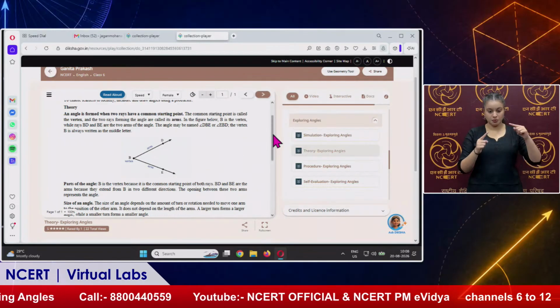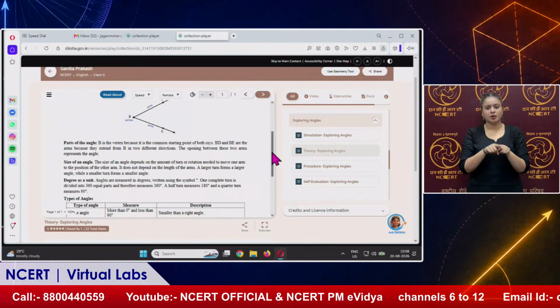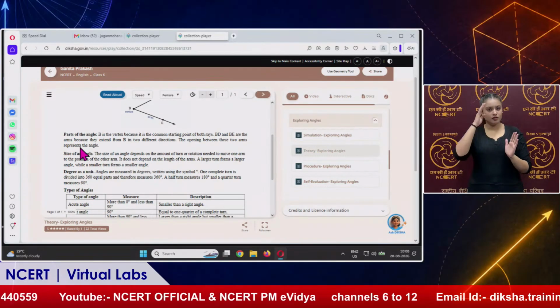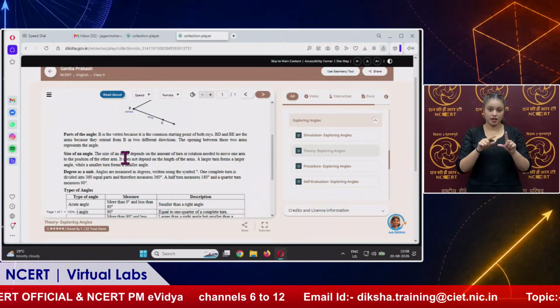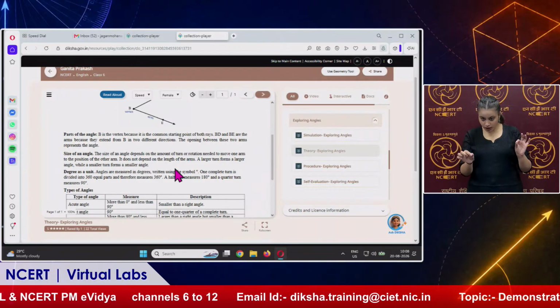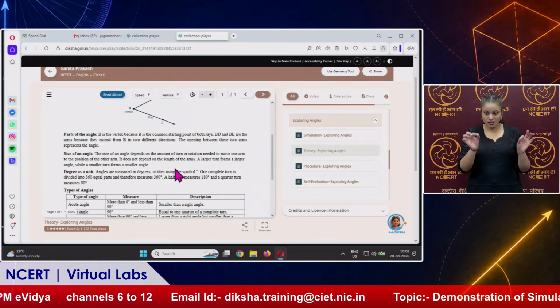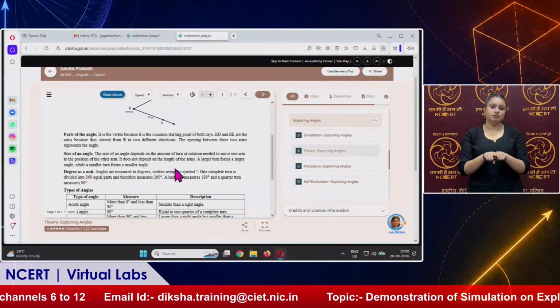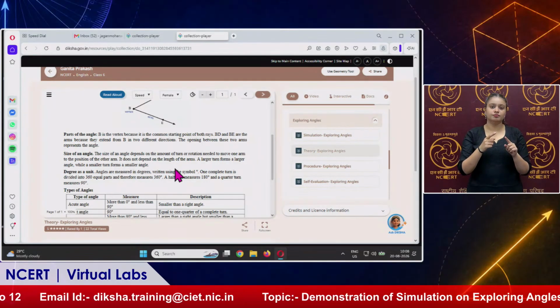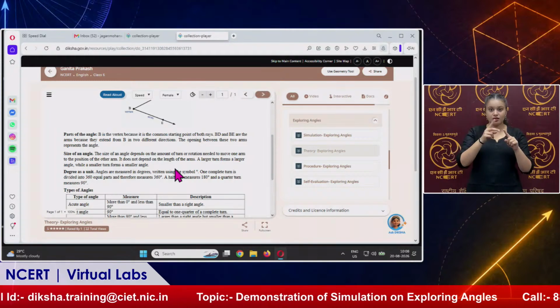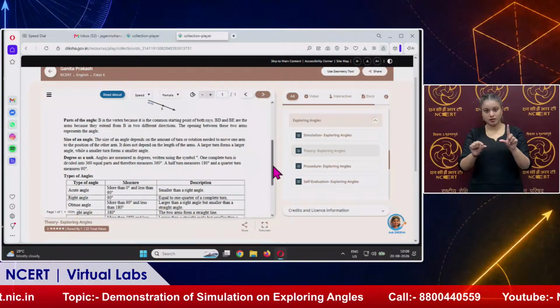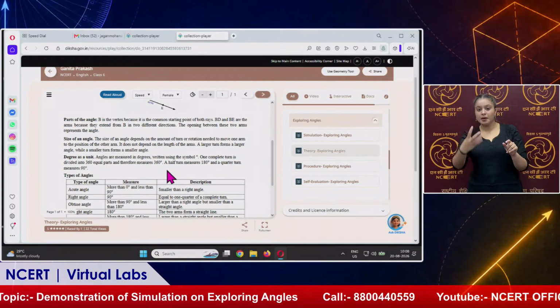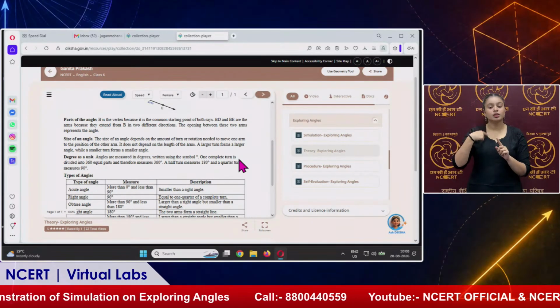So those are all keywords which they clearly mentioned in the theoretical part, and they have also mentioned the size of an angle. The size is just like a rotation, or amount of turn, between the two arms of the particular angle. So that is called the size. While measuring that size we use the unit degree, which is also mentioned.